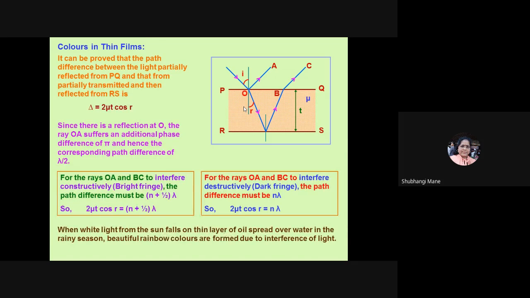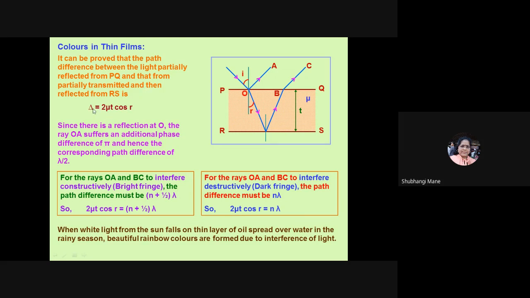Okay? What I am talking about is when oil is spread on a wet road and it is exposed to a white light source, then what happens? You can see the colors.